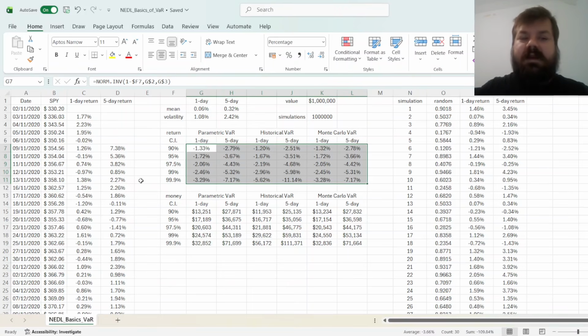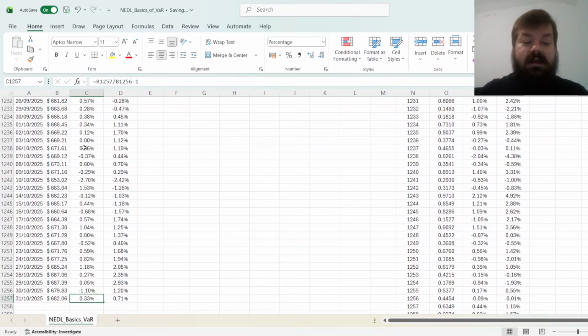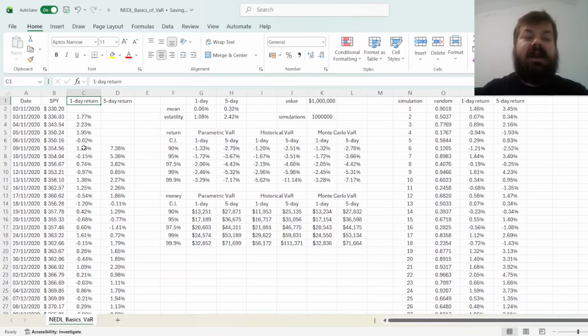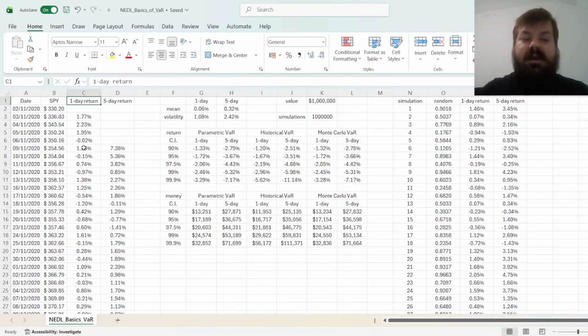We observe volatility clustering, so periods of high volatility and periods of low volatility, and in particular we observe ARCH and GARCH effects, so the tendency of volatility to be autocorrelated, higher after days of high volatility and lower after days of low volatility. So for example, the very last day was quite a calm day with the return being 0.33%, so we might expect the next day, so essentially the start of November 2025, to be a comparatively calm day.